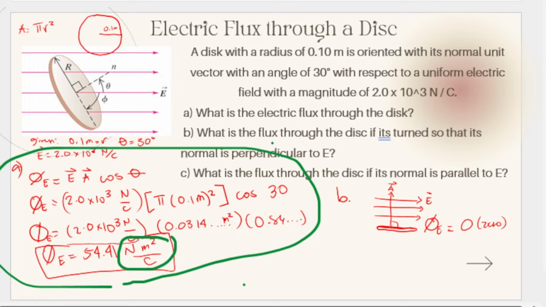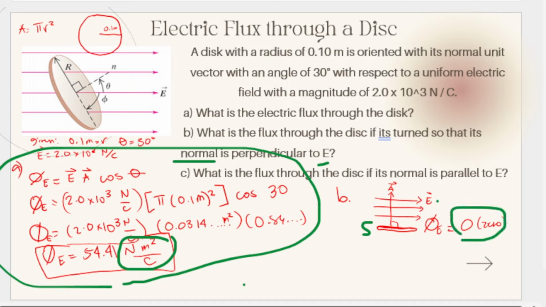Now letter B, what is the flux through the disk if it is turned so that its normal is perpendicular to E? So here, its normal is perpendicular, or forms 90 degrees with E. And we know that if your A forms 90 degrees with E, it means the surface and E are parallel. When the surface and E are parallel, it means your flux is 0.